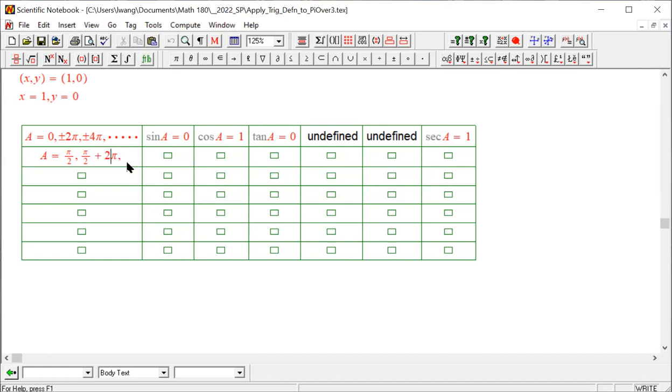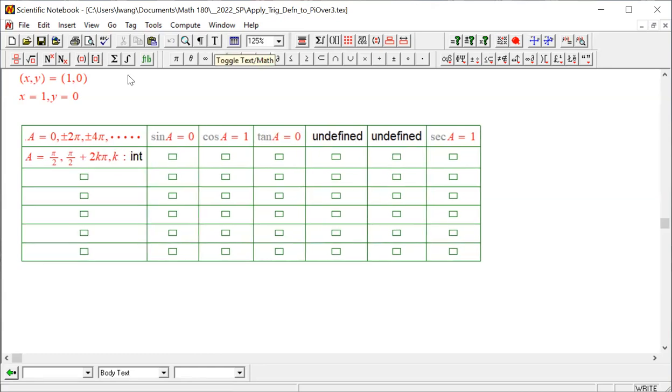So it is pi over 2 plus 2k pi, where k represents any integer, right?